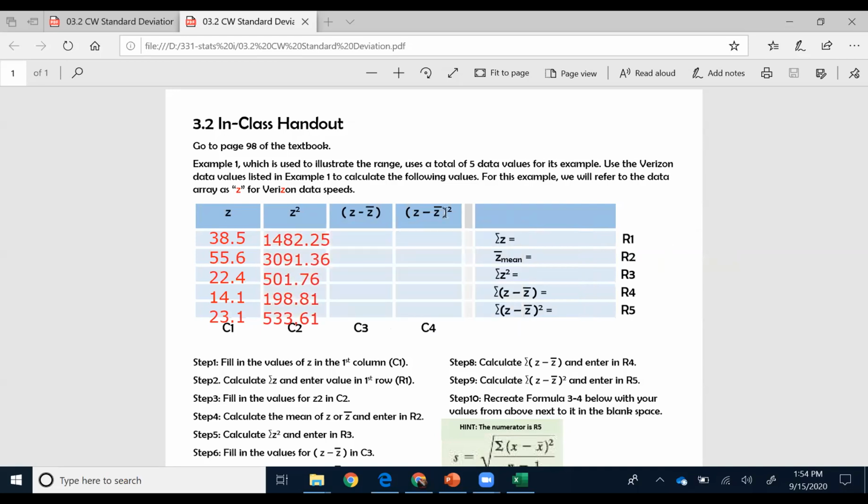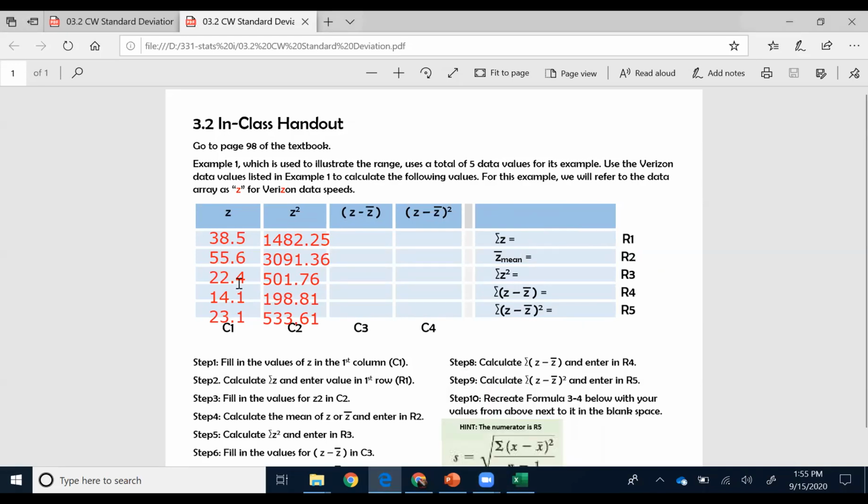Now, we did this already with our letters and numbers in our name. We're going to take the individual scores of Z, which are this column right here, and subtract them by the mean of Z. First, we have to calculate the mean of Z. So let me go back and do that.